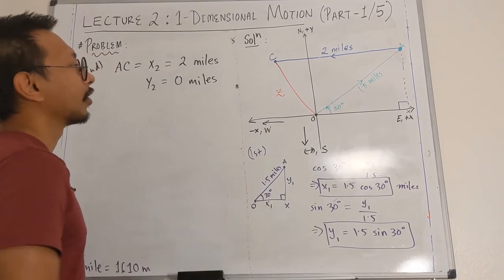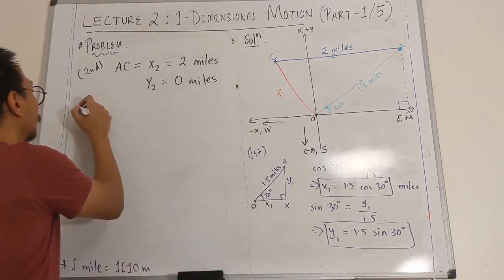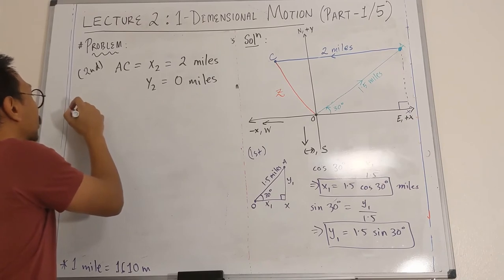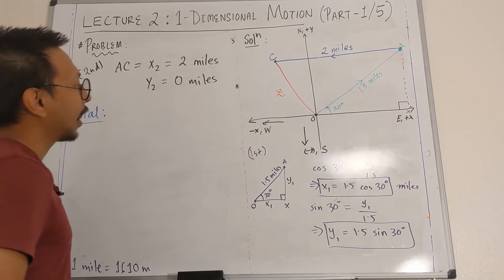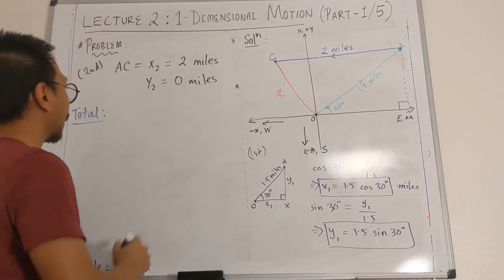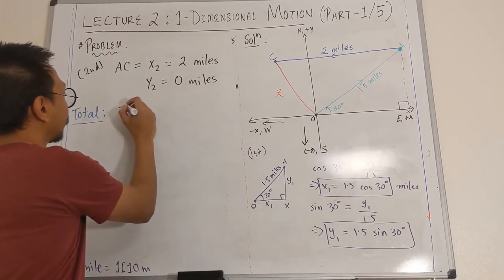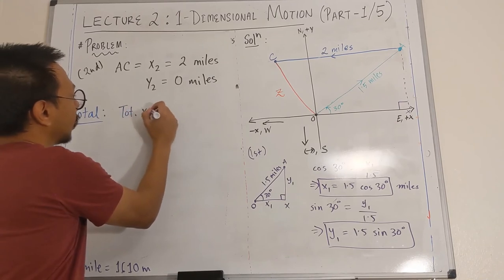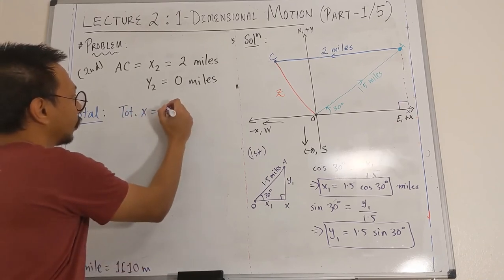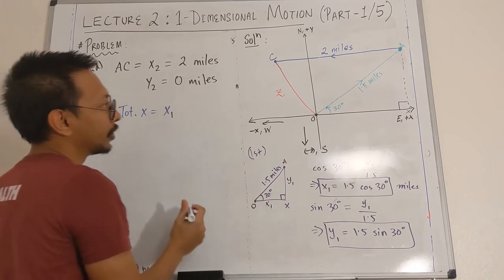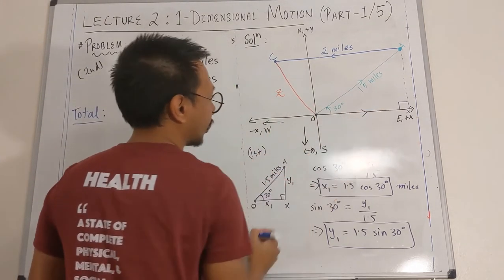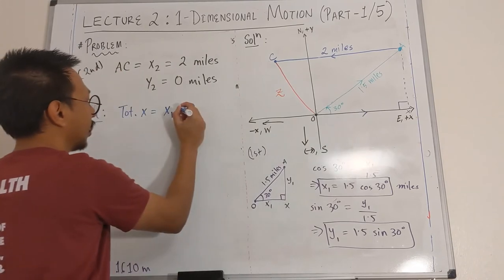Let's carry on. Our goal is to note how much total movement in each x and y direction separately we have had. So total x is equal to x1, which is in this direction, so this is a positive direction.